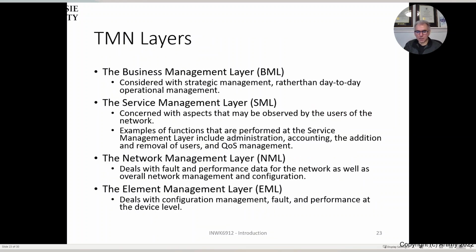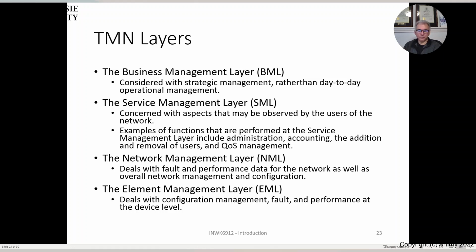The slides here say it's concerned with the aspects that may be observed by the user. So the user may not care much about how many packets per second the port has used, or what the specific bandwidth is. But from the user perspective, maybe they are concerned about latency. Maybe if they are watching a video, they're concerned about jitter.